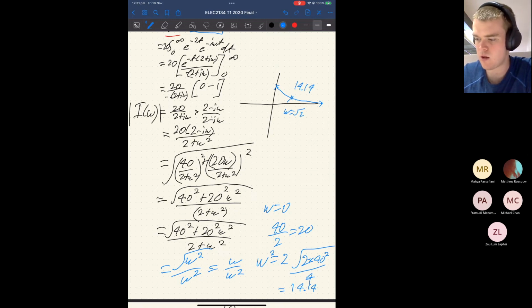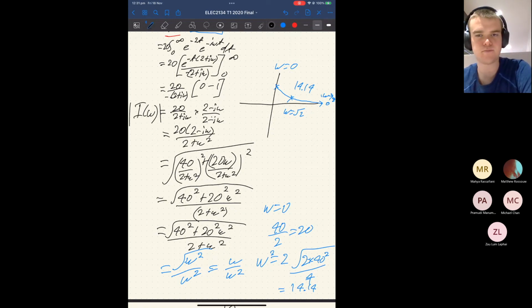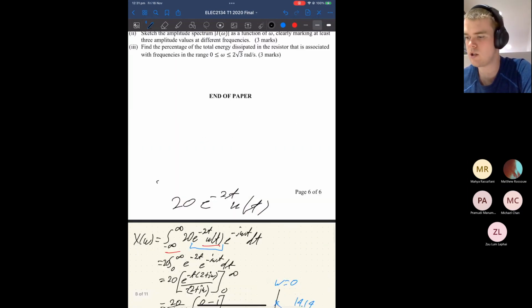And this point here is omega equal to 0. I'll leave you guys to pick a final point, say omega approaches infinity, which goes to 0. Okay, does that make sense? Yep, so good. All right.